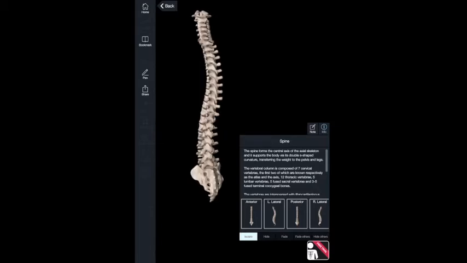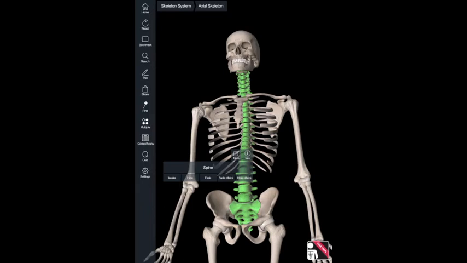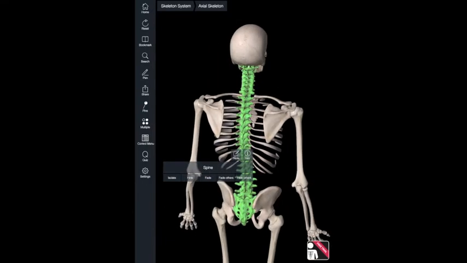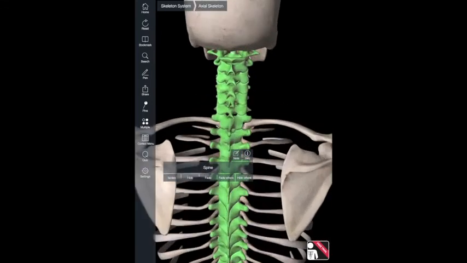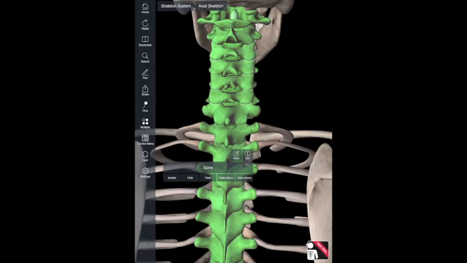So on the skeleton, this is pretty easy to figure out. If I unisolate this a second and we go back to the skeleton, if we zoom in on it, you have the 7 at the top here, 1, 2, 3, 4, 5, 6, 7, that are not attached to a rib.